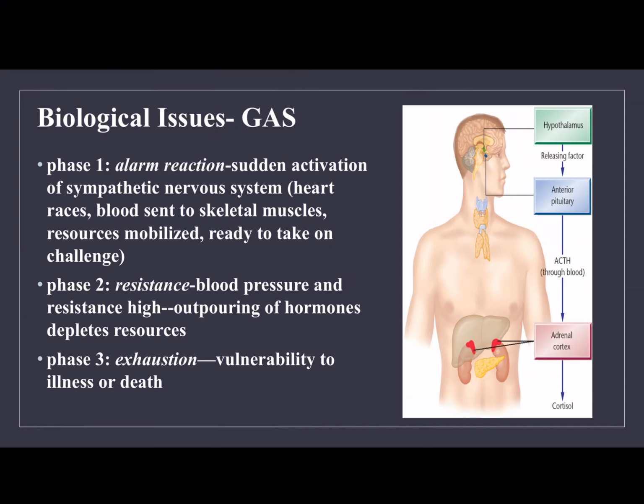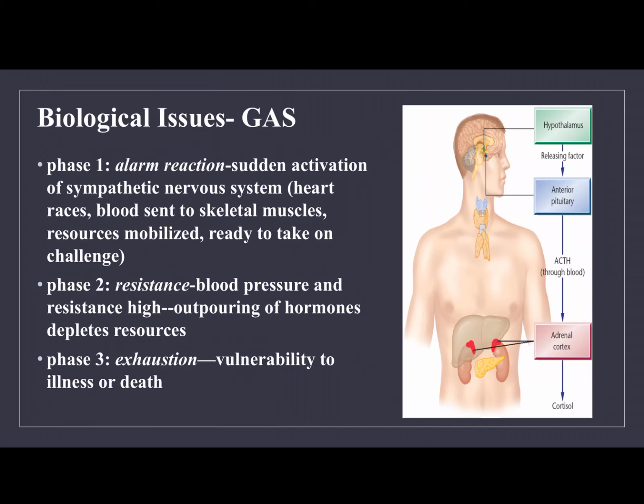All right, phase 2, that's the resistance phase. This is where you're fighting the stressor, you're trying to resist the issue, kind of power through and overcome that stress element. This would be during exam week or during tech week for my theater kids. You're just kind of powering through and you don't feel bad just yet.